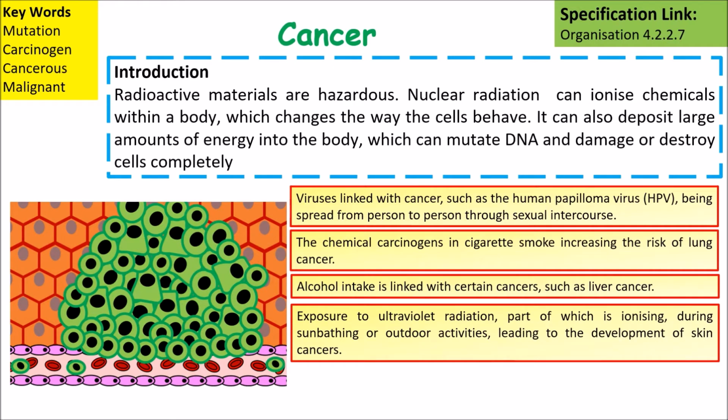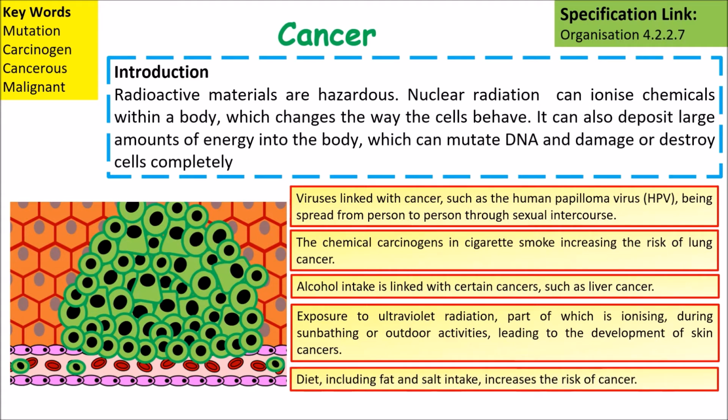Exposure to ultraviolet radiation, the part of the sun that makes you go brown during sunbathing, could also lead to skin cancers developing. And a whole range of things in your diet could act as risk factors to cause you to develop cancer.